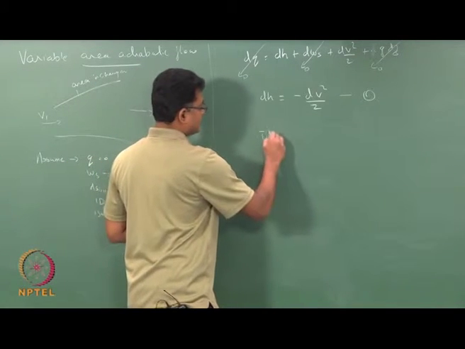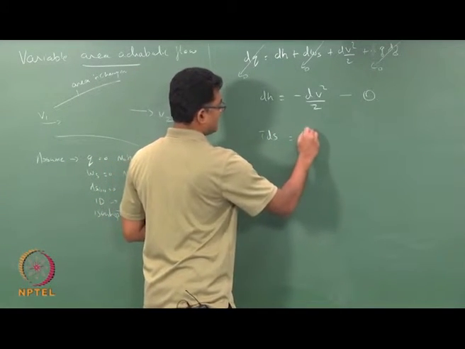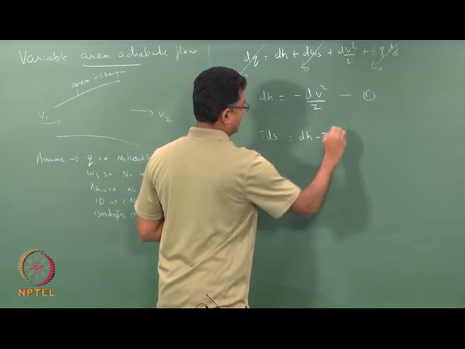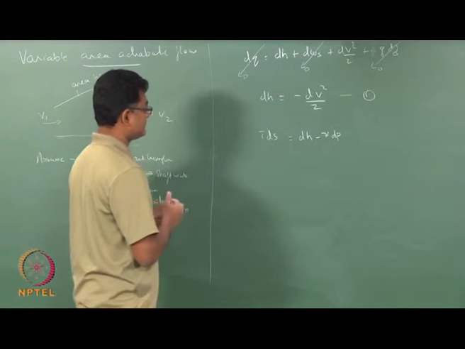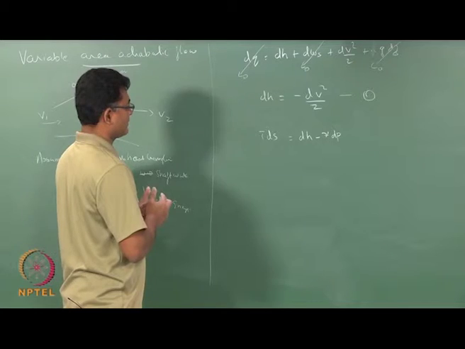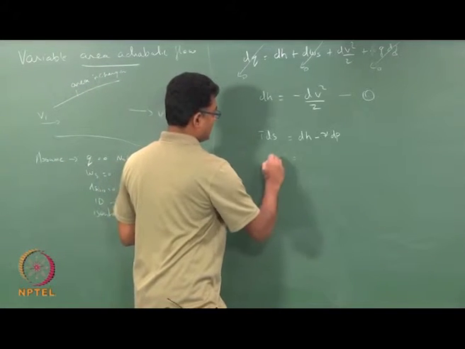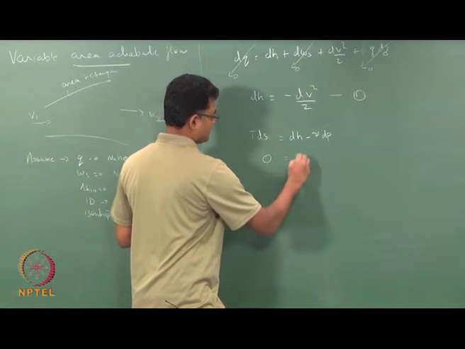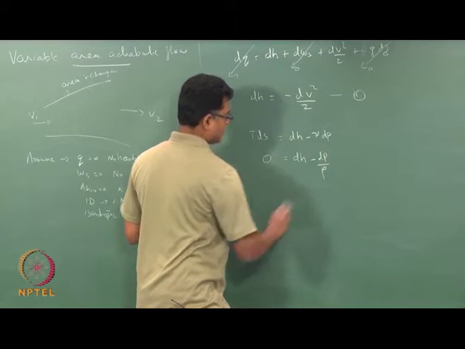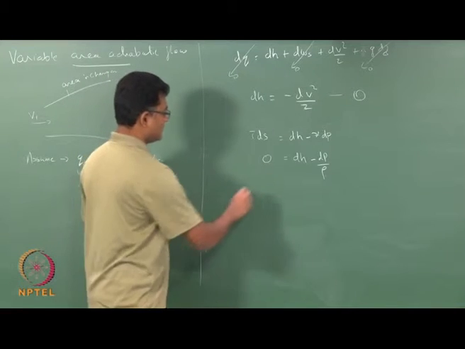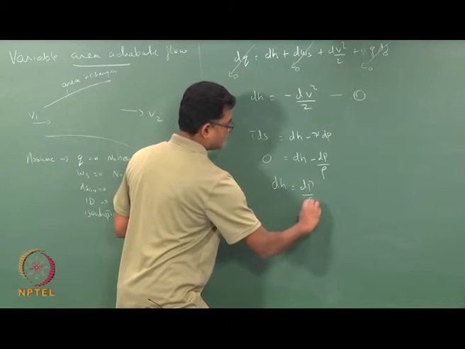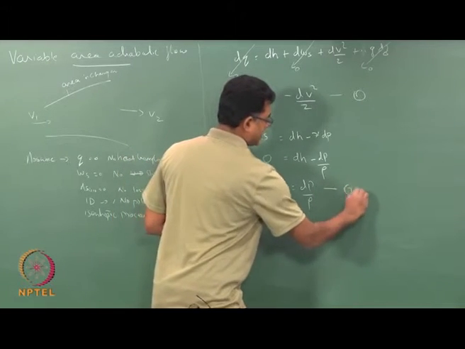From the Gibbs relation, T ds equals dh minus dP by rho. ds is 0, so dh equals dP by rho. This is my equation 2.